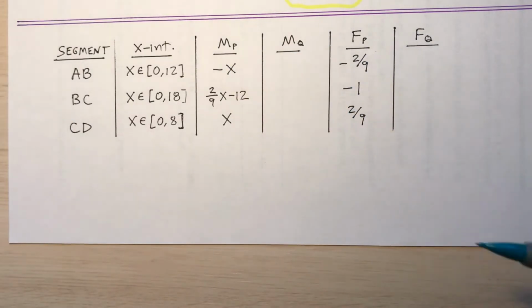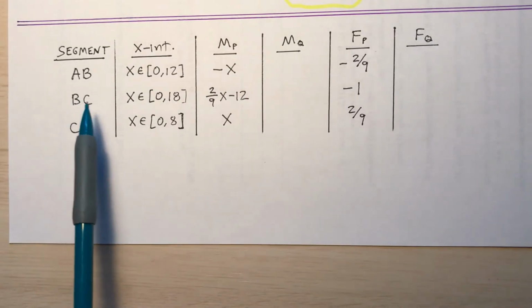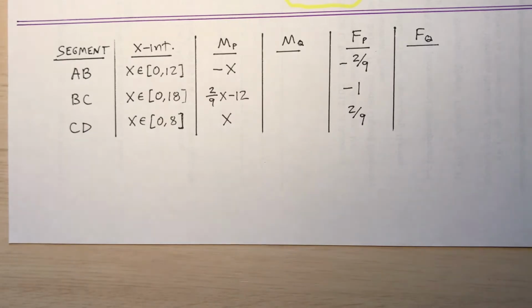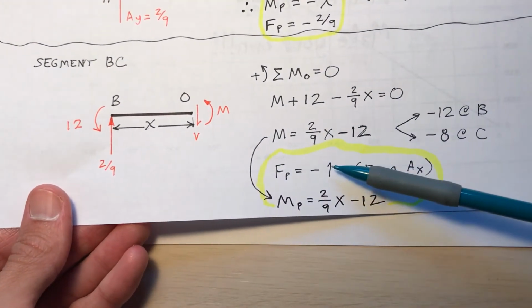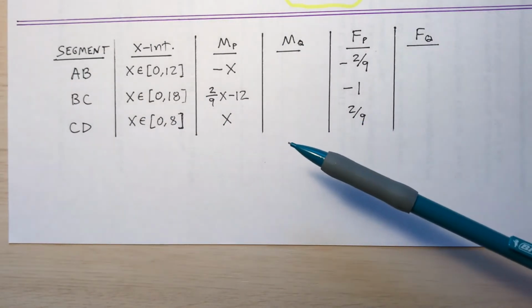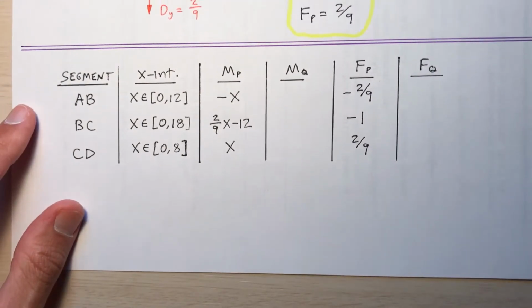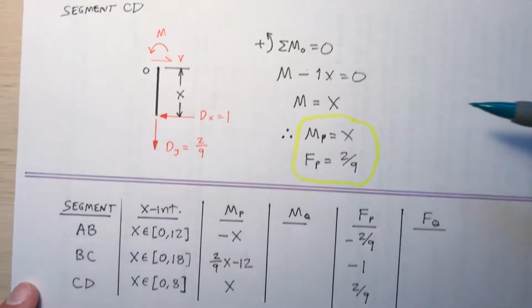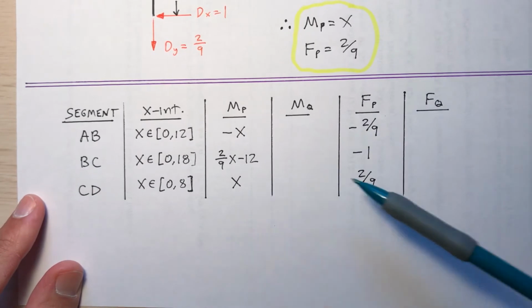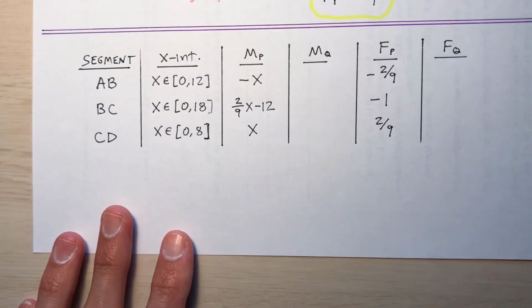What about segment BC, M sub P, F sub P? Did I copy that correctly? I think so. And then for CD, remember this from a few moments ago? M sub P, F sub P. Okay, how do you like that?